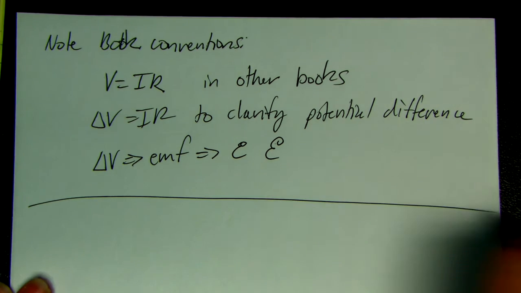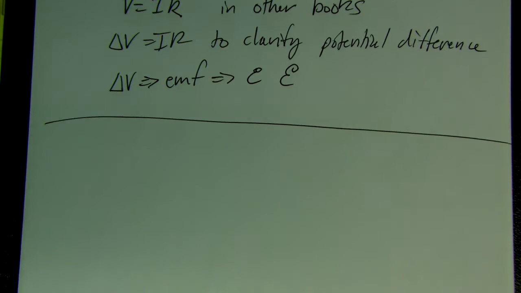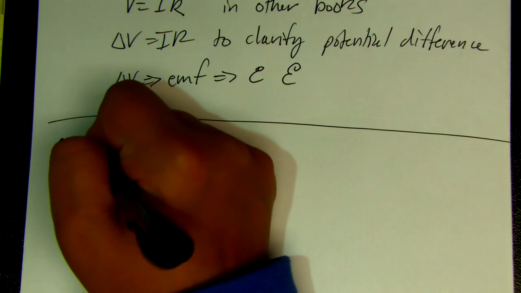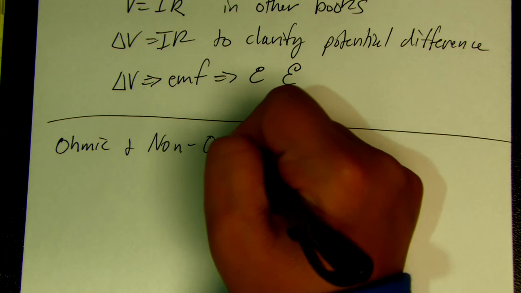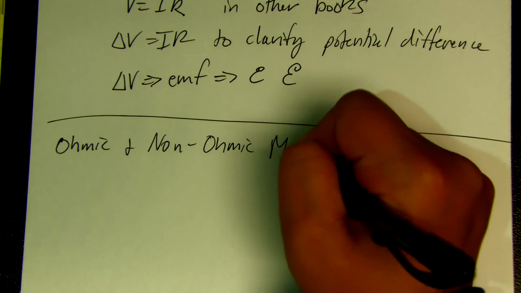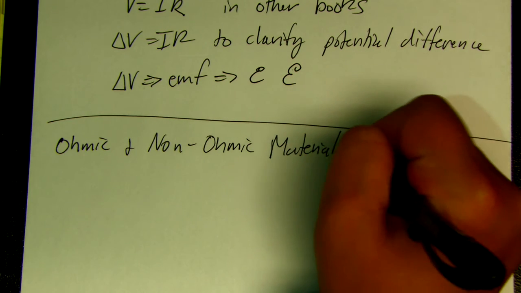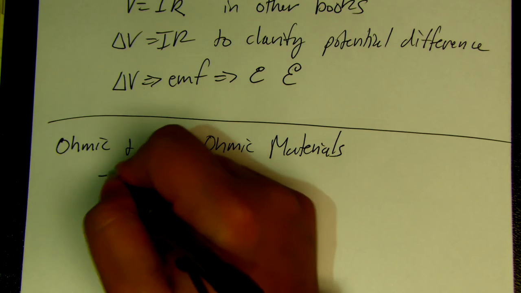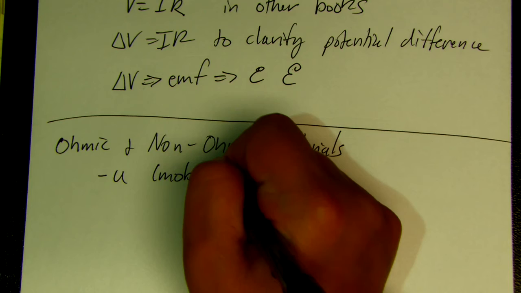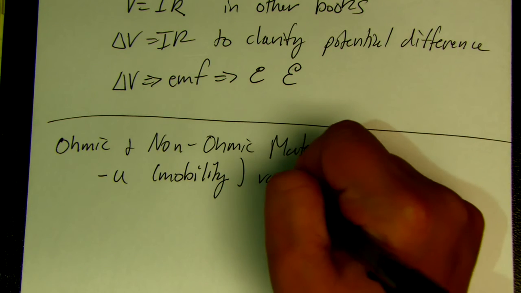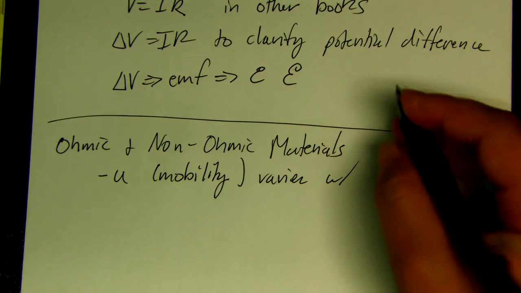Okay, so let's think about ohmic and non-ohmic materials. Get a little bit into materials science. So just note U, which is mobility, varies with temperature.